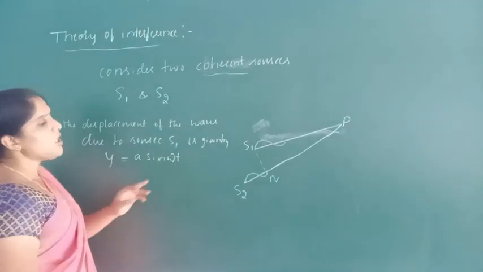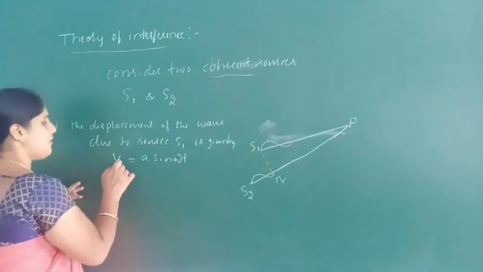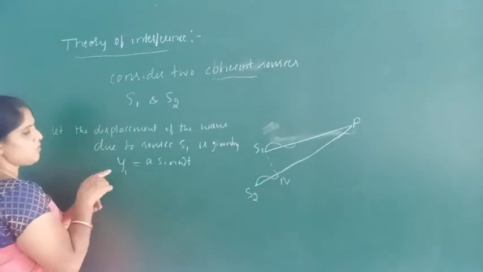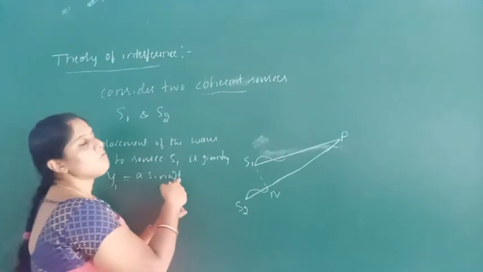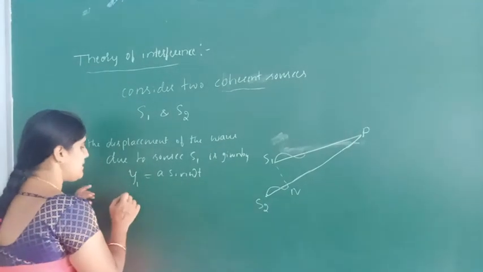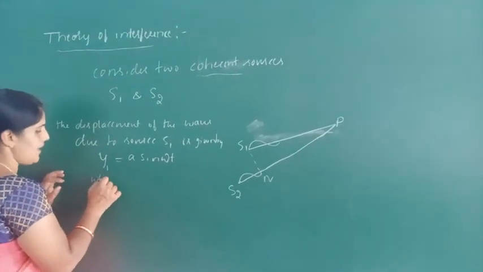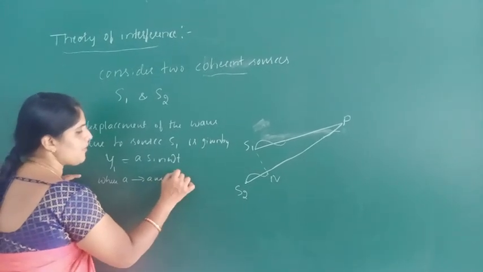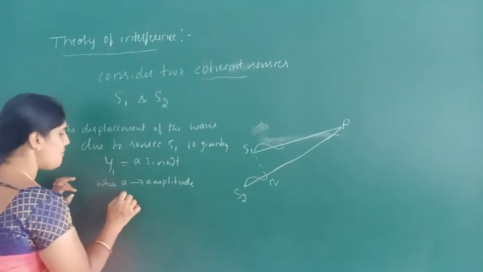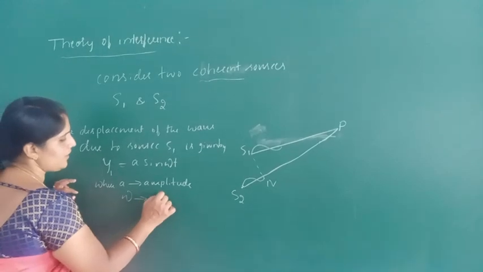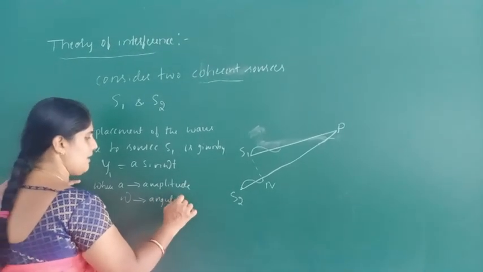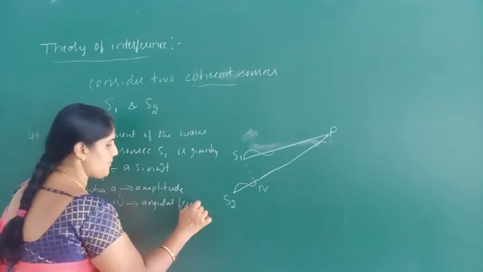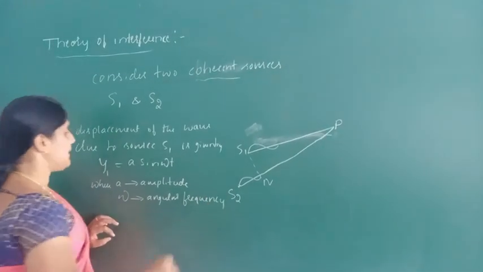Here we consider two sources, so we call this y1. So y1 is equal to a sin omega t, where a is the amplitude of the wave, omega is the angular frequency, and t is the time.